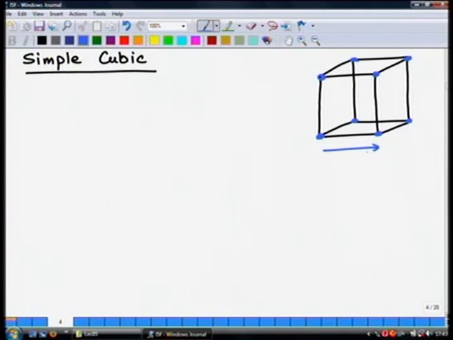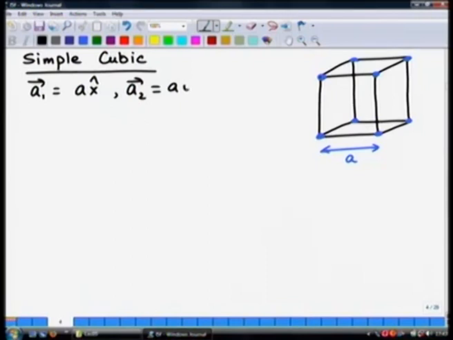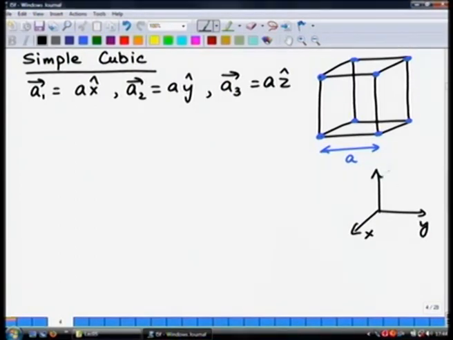If the lattice parameter is a, this distance in the cube is a, then it is simple enough to write the primitive lattice vectors as a1 equal to a times x hat, a2 equal to a times y hat, the unit vector in the y direction, a3 as a times z hat, where you can think of this as x, this as y, and this as z. And of course, it is the primitive cell.